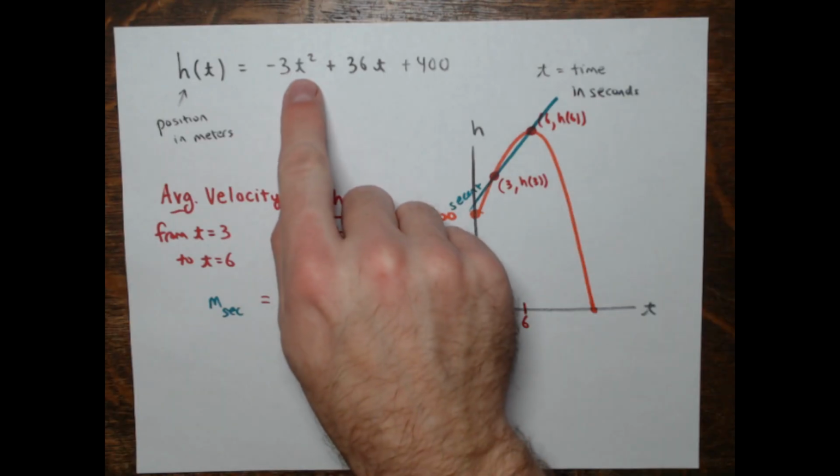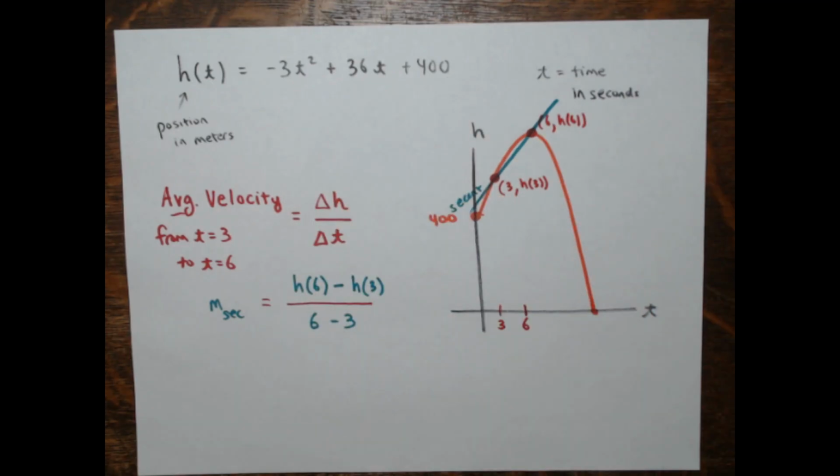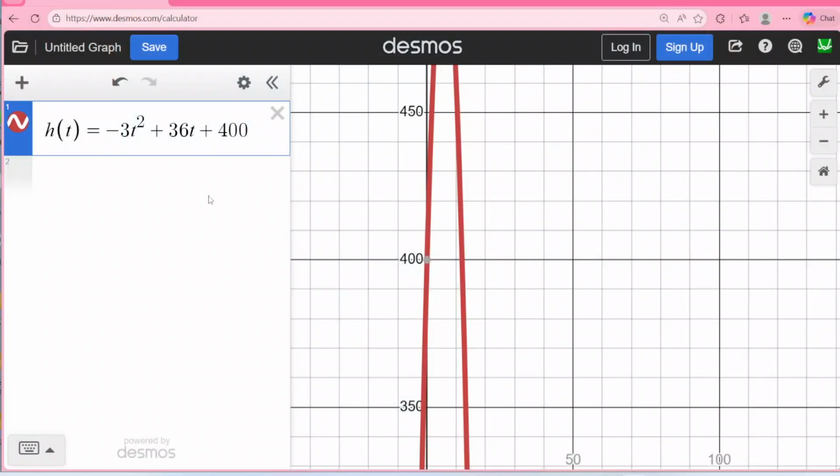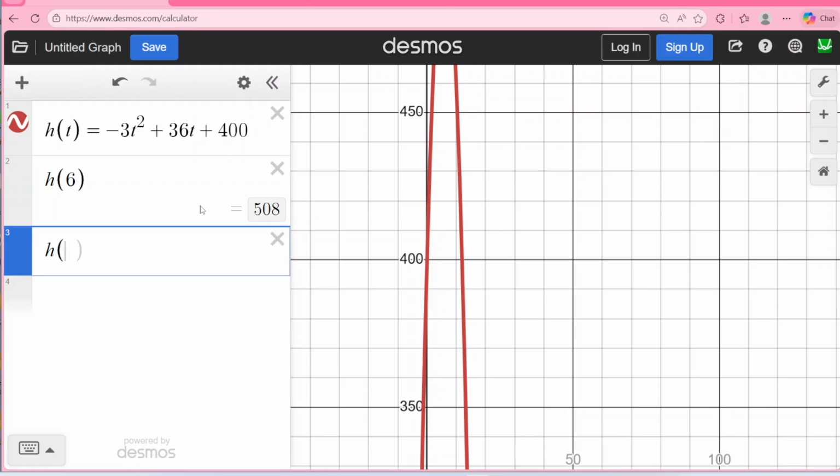Now I could go through and plug in 6, plug in 3, but I'm at home working on homework. I don't want to waste all that time doing arithmetic, so I'm going to do it on a calculator. What is h of 6? That's 508. What is h of 3?